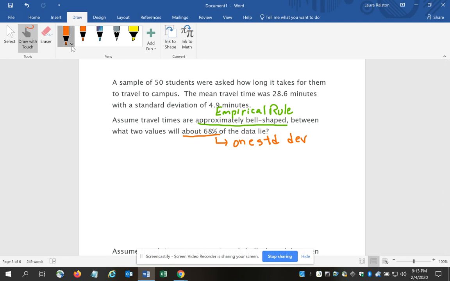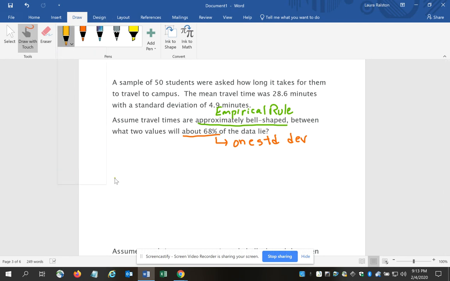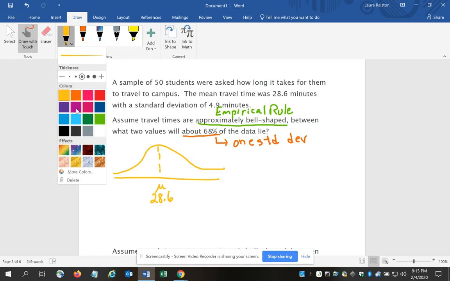So again, if we visualize what's going on here, we have our bell-shaped distribution. The mean is in the middle, which I'm told is 28.6. I also know that the standard deviation is 4.9.